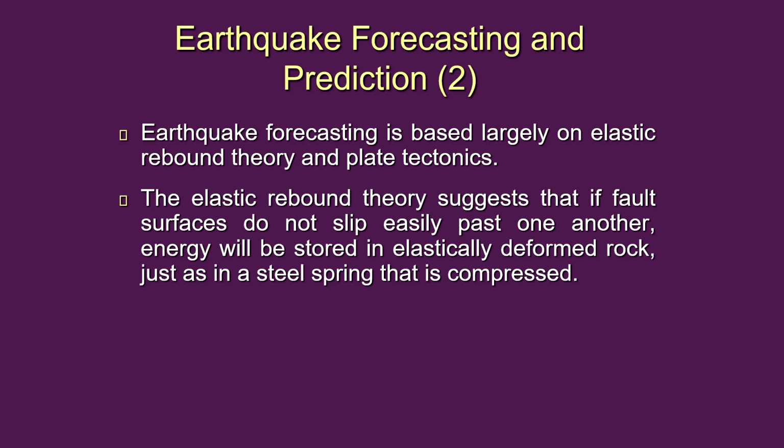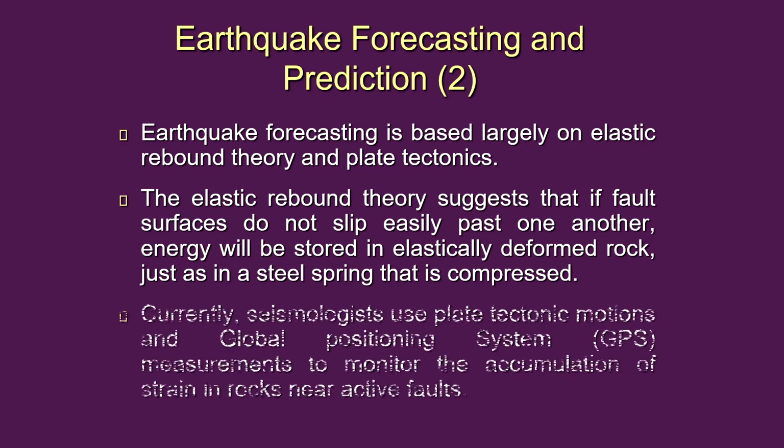So you keep that energy stored, but it will be released at one point of time. Currently, seismologists are using GPS to monitor the accumulation of strain in rocks near fault lines.